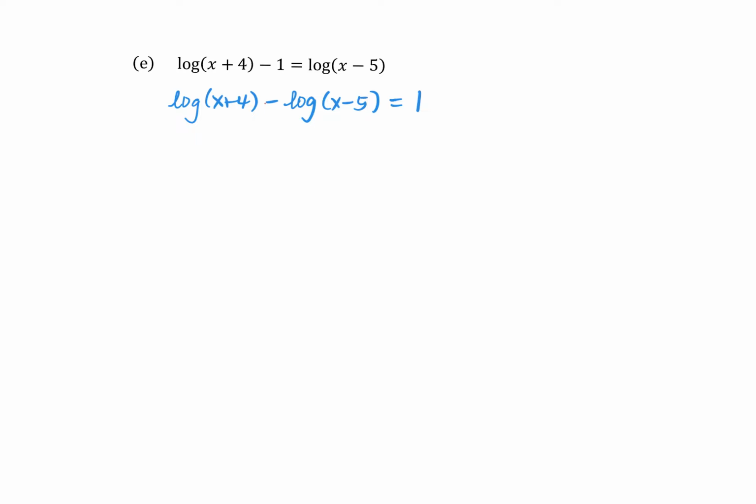See the subtraction in between these? That means I can combine these into one log with division. So this would be x plus 4 over x minus 5 equal to 1. And now recall, this is base 10.